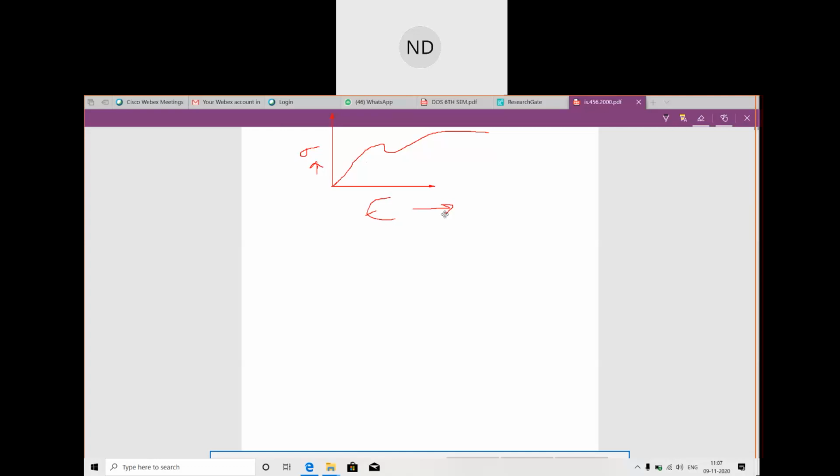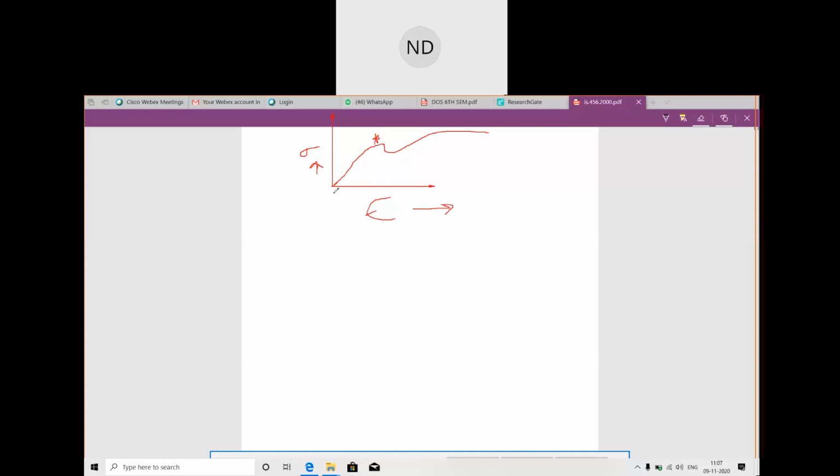beyond our elastic limit, which you can observe in your stress strain diagram. So this is your stress strain diagram. This is your elastic zone, from here to here.